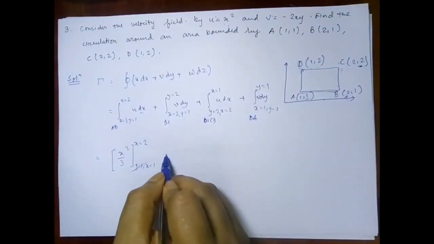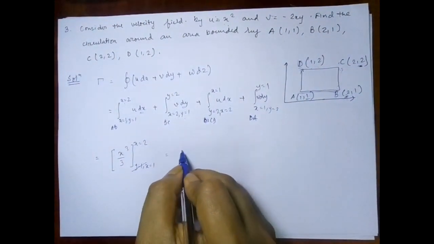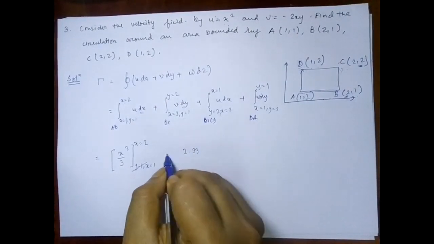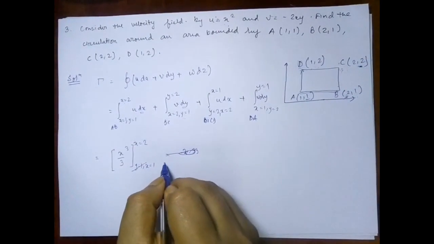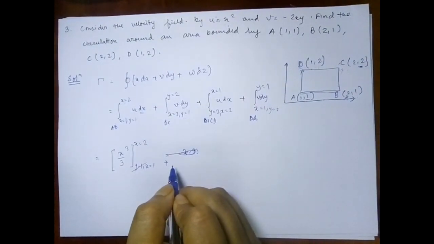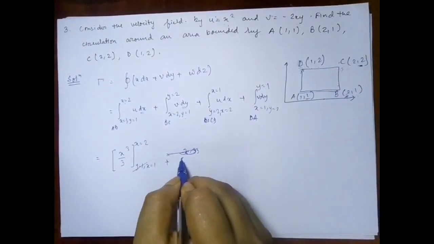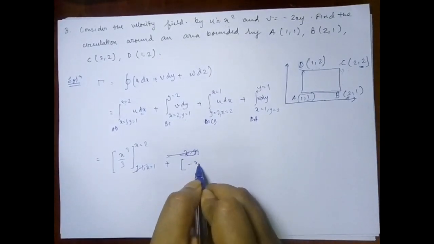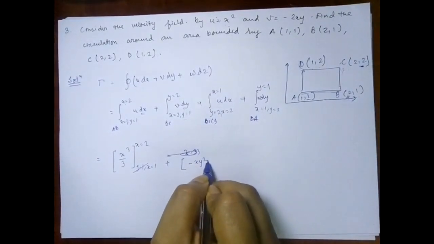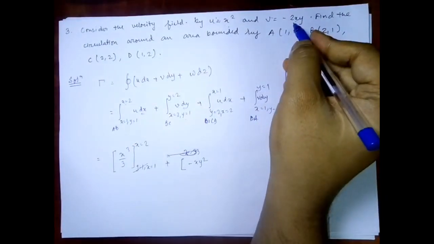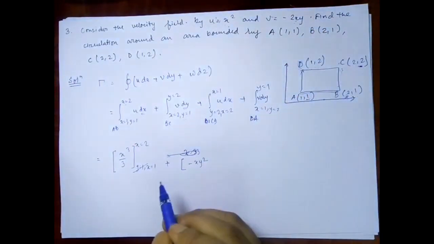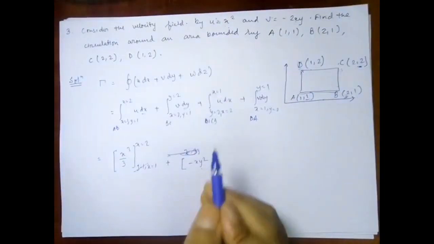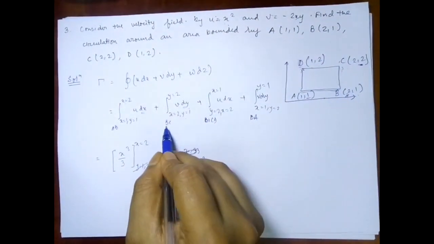Since y is not there, we will cancel it out, and it will be equal to 2.33, sorry, I'll just calculate it later on, plus here it will be minus xy square, because it is minus 2xy, and we are doing it with respect to y for this particular BC.